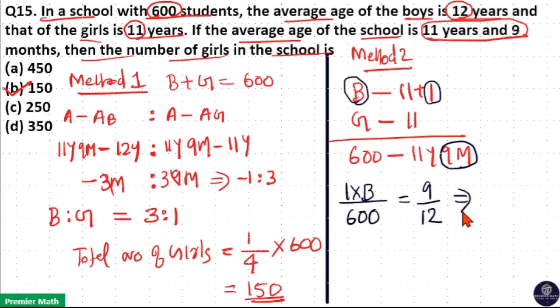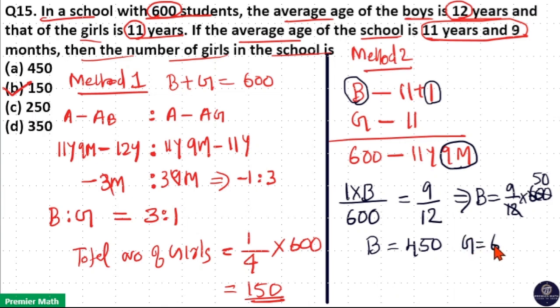So B is equal to 9 by 12 into 600. Now 12 goes 5 times in 60. So 50 times in 600. So 9 into 50 is equal to 450, which is equal to number of boys. Then number of girls is equal to 600 minus 450, which is equal to 150. So option B is your answer.